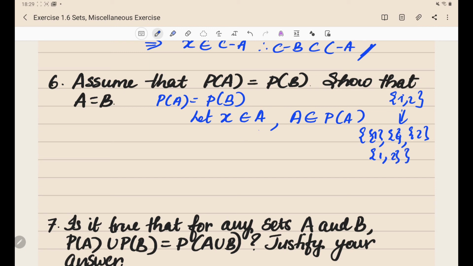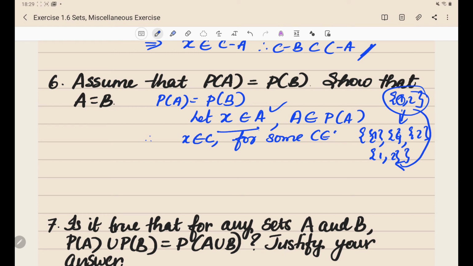If you consider the element 1 belongs to A, that is true, right? Again, if 1 belongs to A, the set A also belongs to the power set. You can see that this is like an element in the power set of A. So A belongs to P of A also. Therefore, you can say that in general x belongs to C for some C belongs to P of B, then C is a subset of B. Therefore, x belongs to B also.